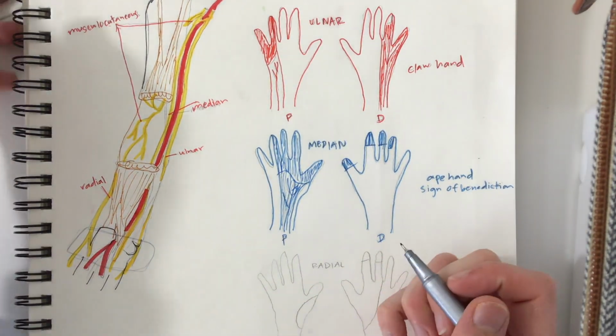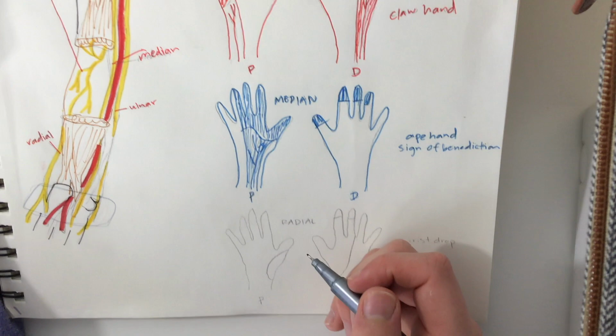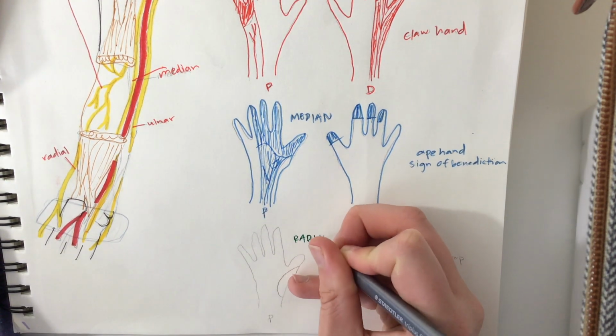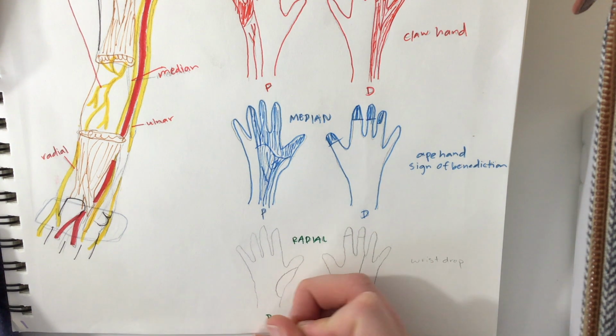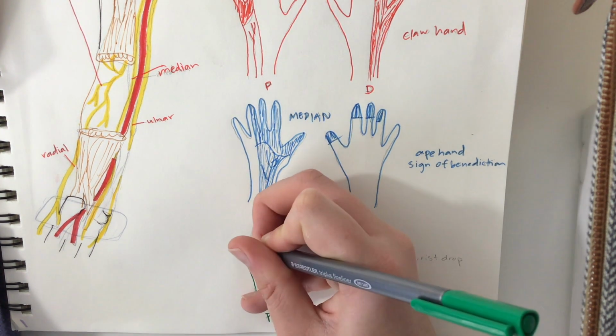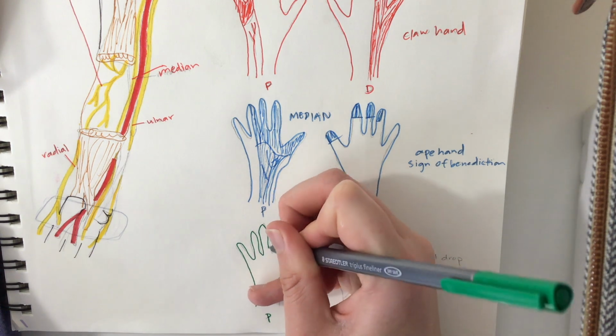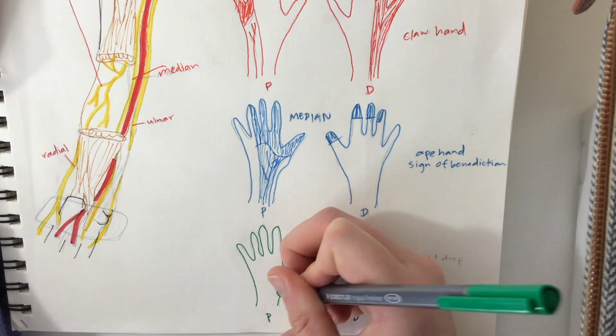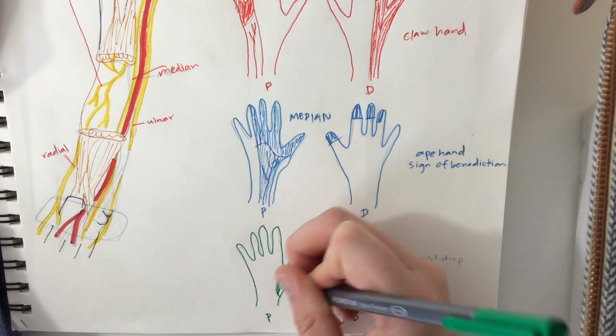So now we're going to move on to the radial nerve. With the radial nerve, there's no clever way to remember it with a letter, but Dr. Bickley, our anatomy professor, taught us to remember radial nerve in C7 by thinking of a thumbs up, that it's rad, so you're giving it a thumbs up.